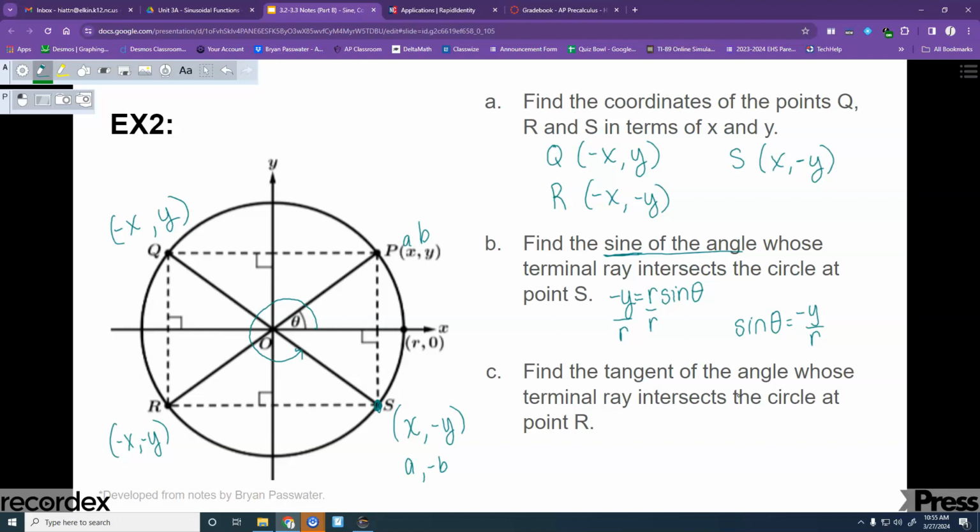Why should I not use a theta? Theta's already marked, right? They already marked theta right here. So I really probably shouldn't use that letter over again, because when I write theta, it should mean the theta that's right there. So let's use a different letter.